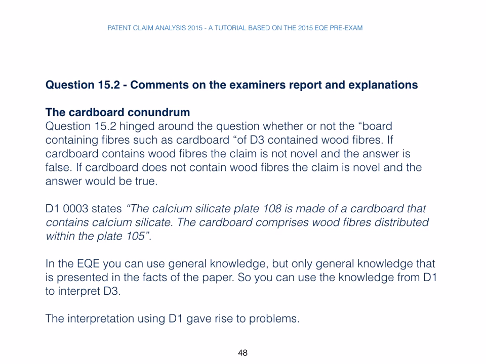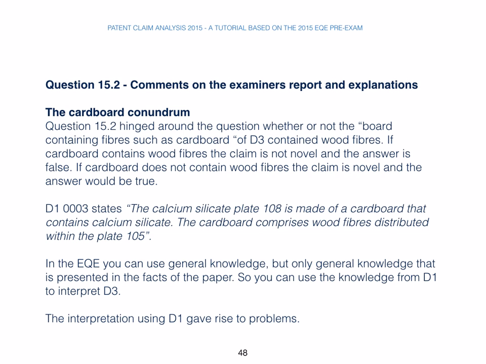If cardboard contained wood fibers, the claim is not novel and the answer is false. If cardboard does not contain wood fibers, the claim is novel and the answer would be true. D1 paragraph 3 states, the calcium silicate plate 108 is made of a cardboard that contains calcium silicate. The cardboard comprises wood fibers distributed within the plate 105.